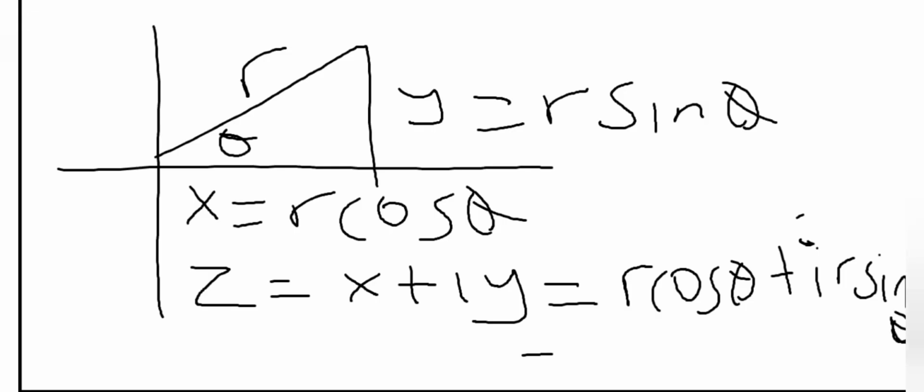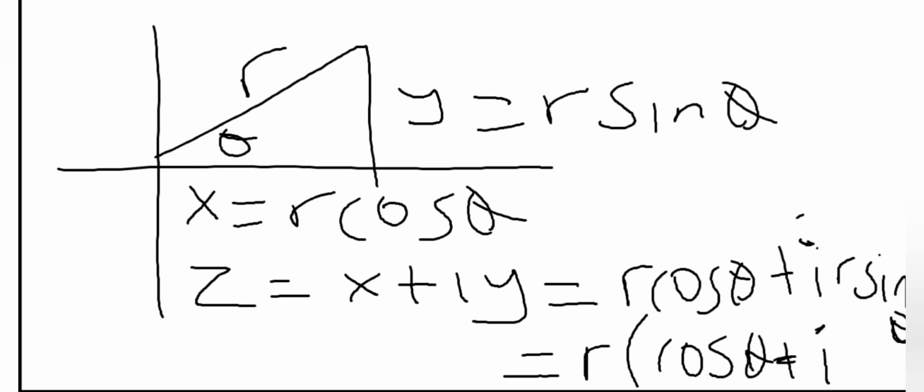In simpler terms, when we factor out r, we have r open bracket cos theta plus i sine theta.